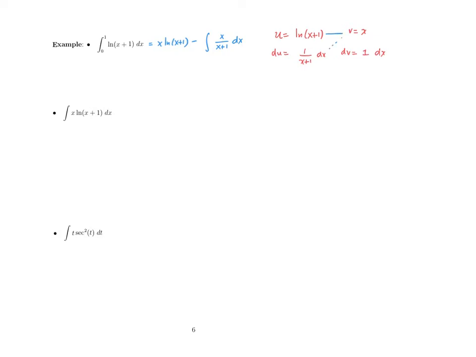And as we've seen, with integration by parts, the question becomes, can we evaluate this resulting integral? And we have several choices in this case. One of them is you could substitute w equals x plus 1 and work the problem out.